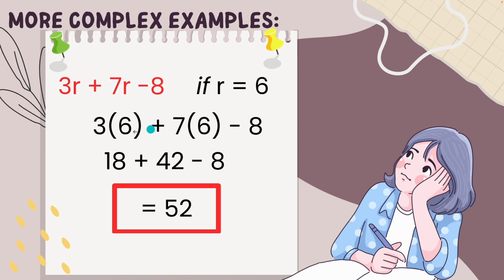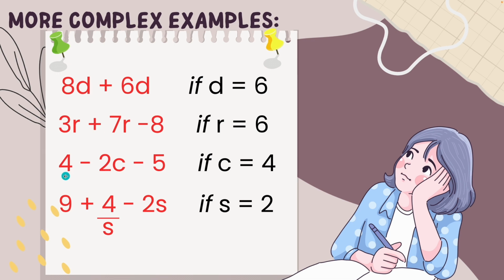Again, we are going to follow the PEMDAS rule. Let's start with the ones with multiplication. So we have 3 times 6, which is 18, and then 7 times 6, which is 42, and then bring down minus 8. So we have 18 plus 42 equals 60 minus 8 is 52.